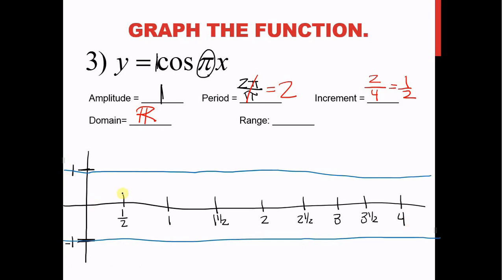So now I can graph my graph. Now, remember, cosine can't go through 0, 0. It starts at the tip top. So on this one, it's going to start here at 1, and it's going to start going downwards right away. So it's going to go down through 1/2, bounce at 1, go through 1 and 1/2, bounce at 2, 2.5 is going to go straight through, bounce at 3, go through 3.5, and bounce at 4.